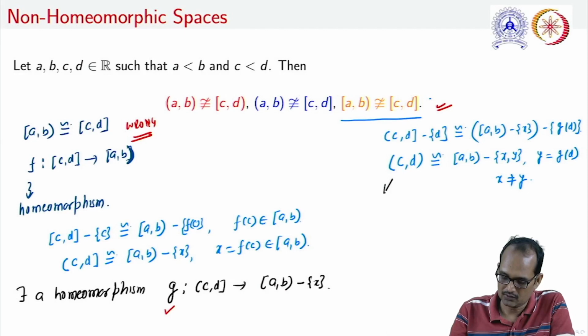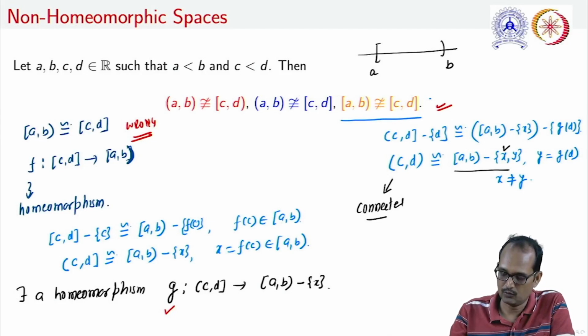Now this interval is connected, but what about this one? This is a semi-open interval, this is a and this is b. Now if we remove two elements from this interval, either this a or any other, or any two elements from inside this interval, this will always be disconnected, and therefore we reach a contradiction.